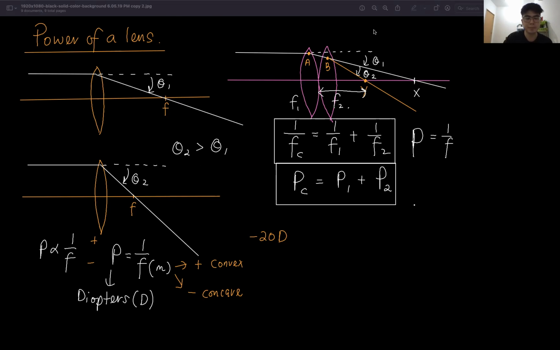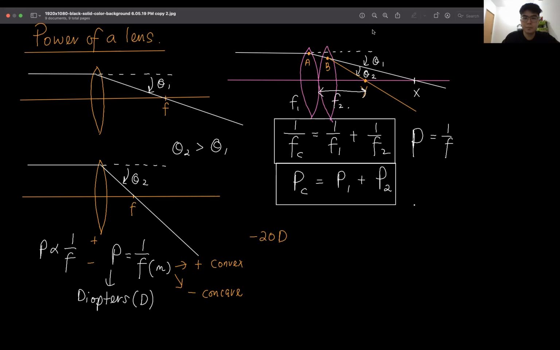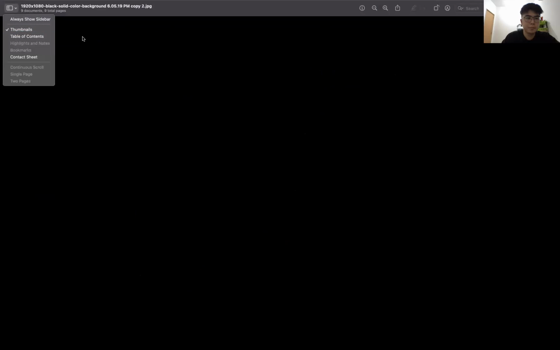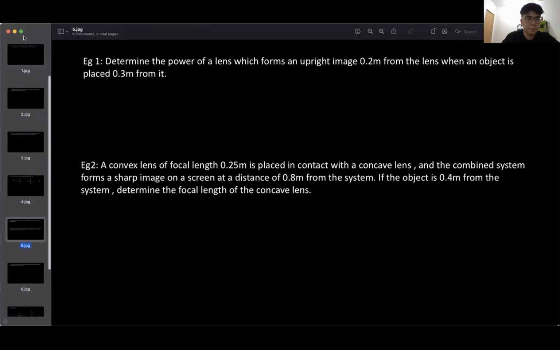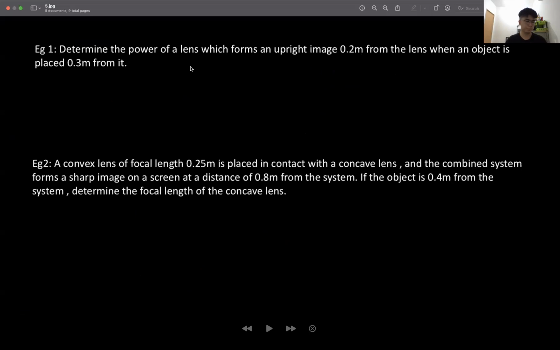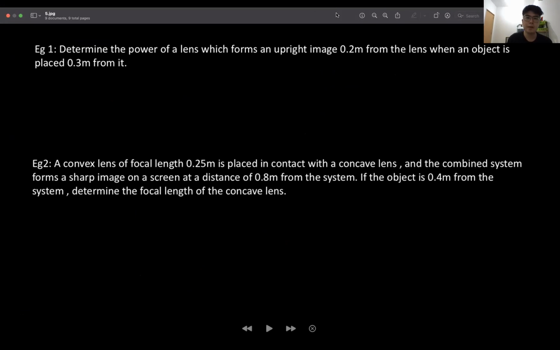Okay, example 1. Determine the power of a lens which forms an upright image 0.2 meter from the lens when an object is placed 0.3 meter from it.